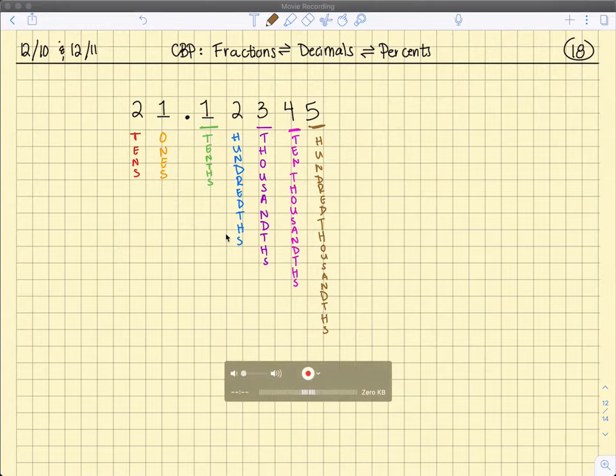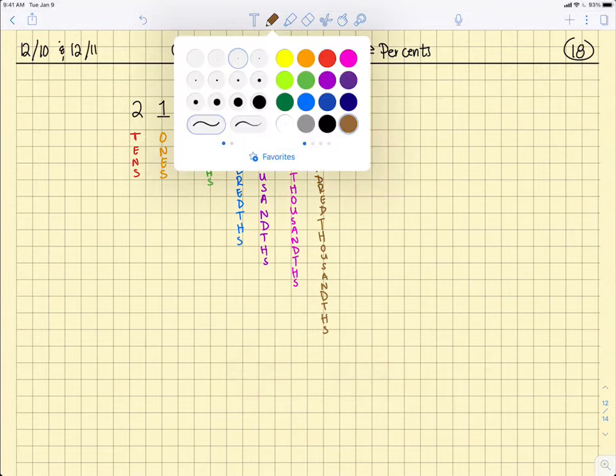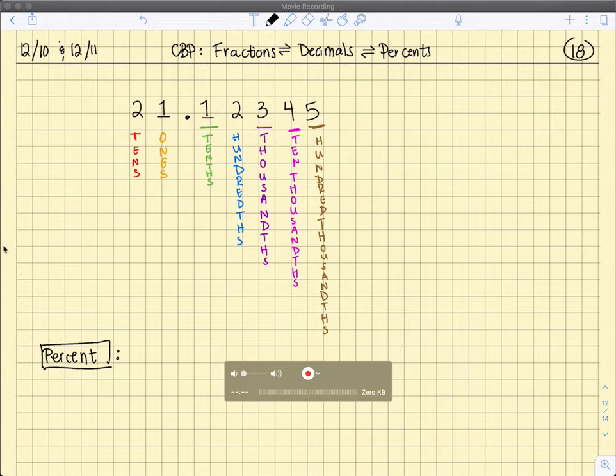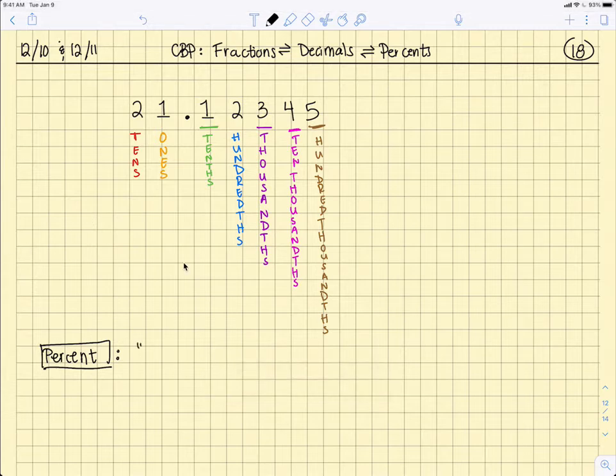All right, one more vocabulary word that I have for you. We reviewed the concept of place value, and now we have the vocabulary word of percent. The word percent literally translates to parts per 100.